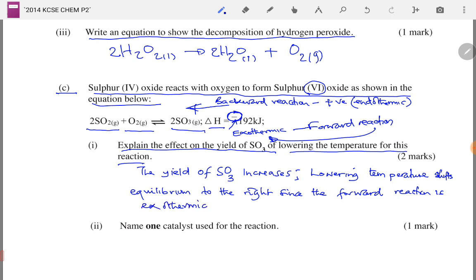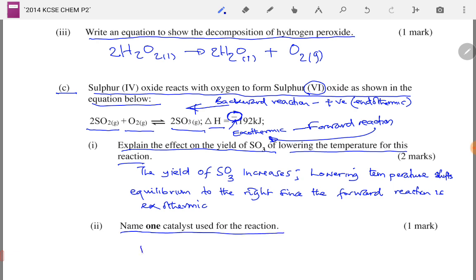I don't know whether you realize that, because according to Le Chatelier's principle, if a stress is exerted to a system in equilibrium, the system adjusts so as to oppose that stress. So if you lower temperature, then the reaction will shift to the direction that will favor production of heat, so that it is opposing that. So that is it. Subsection 2, name one catalyst used for this reaction.